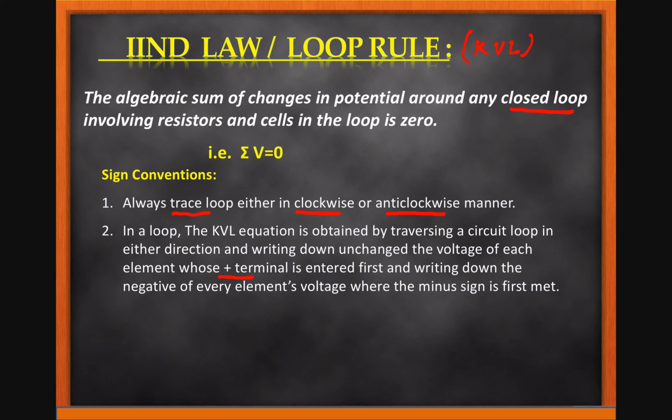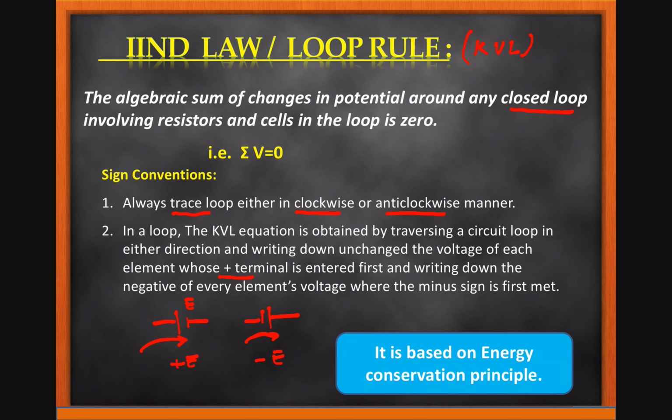For example, if in a loop like this, the positive of the EMF comes first, we will write positive E, and if the negative of E comes first, we will take minus E in the equation. This is based on the energy conservation principle.